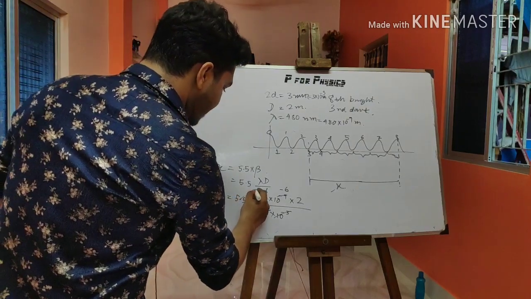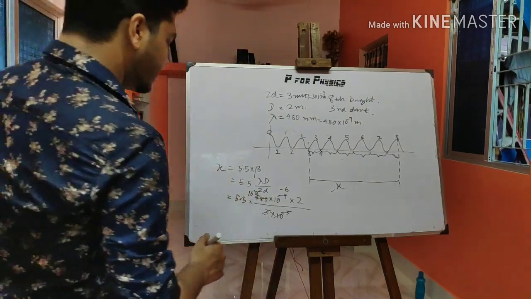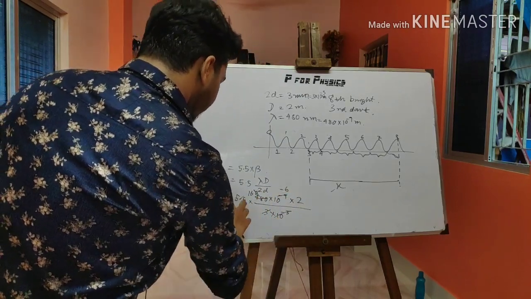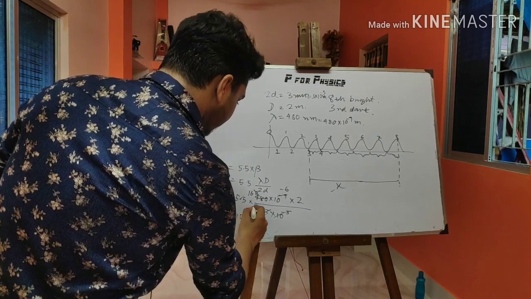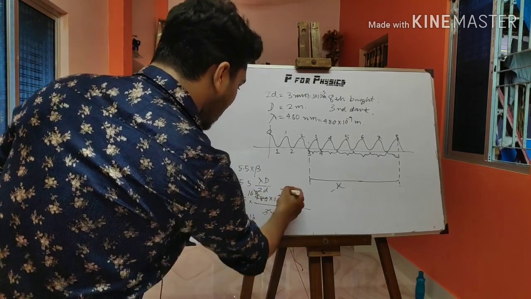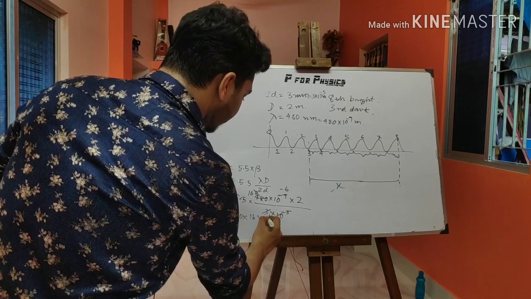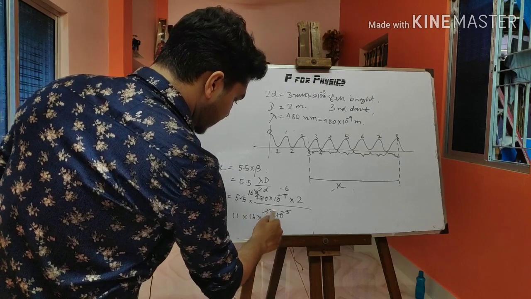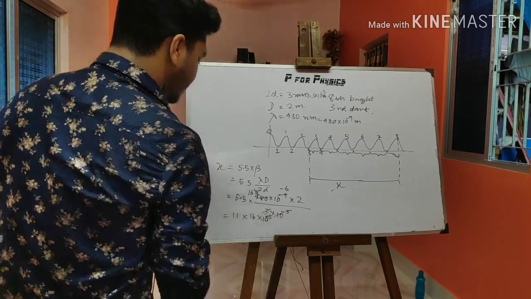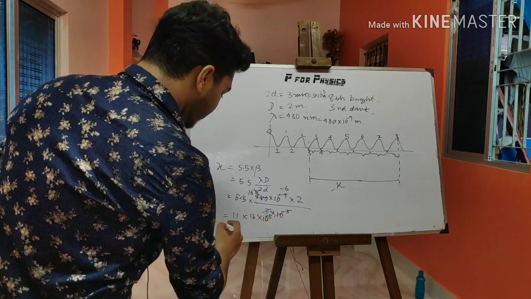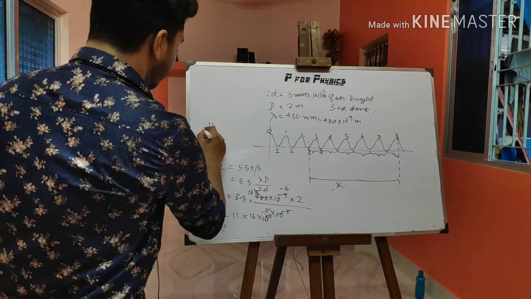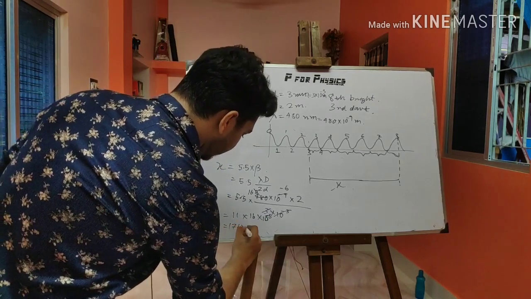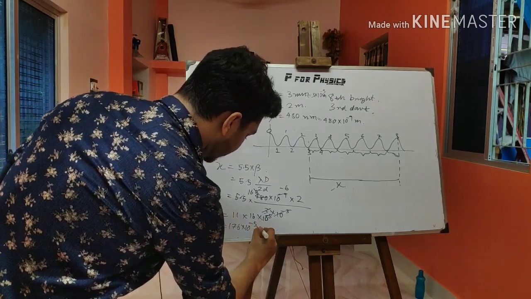We have 160 into 10 to the power minus 6 here, and then 2 into 5.5, that is 11, into 16, and this one will get 10 to the power minus 5 meter. 11 into 16, 176 into 10 to the power minus 5 meter.